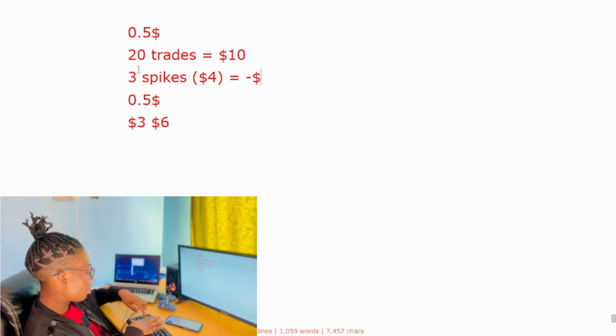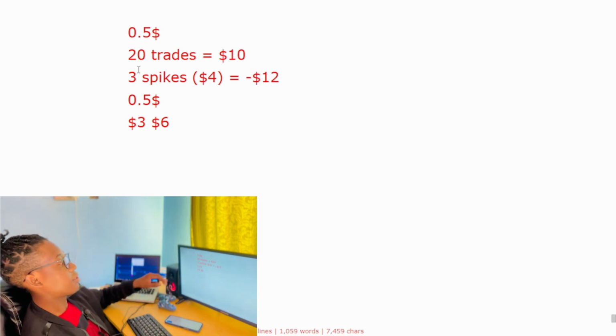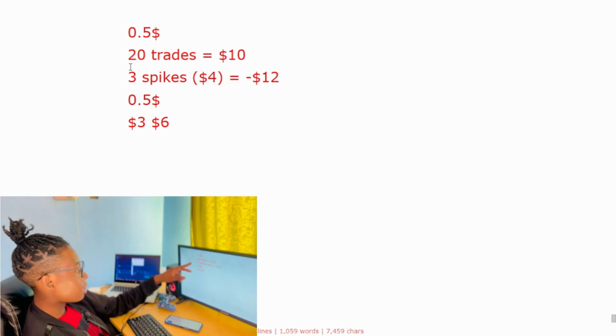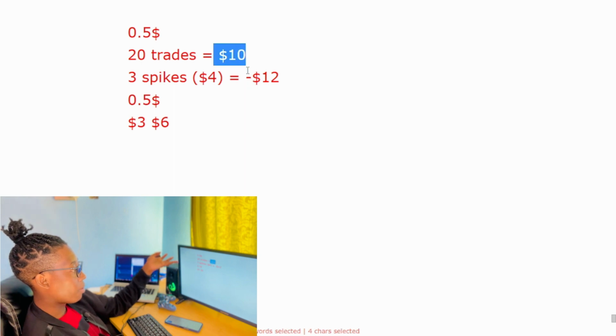So if you spend an entire day making 20 trades giving you profits of $10, and in those 20 trades you have 3 spikes which make you lose $4 each, you actually make -12, which means that all your profits get eaten up by the spikes.